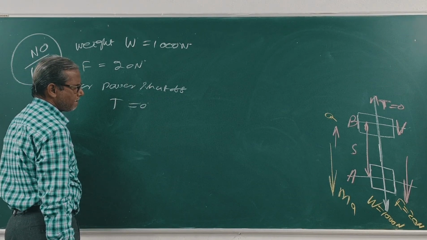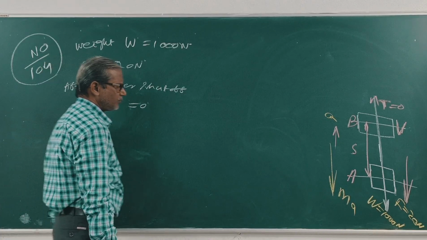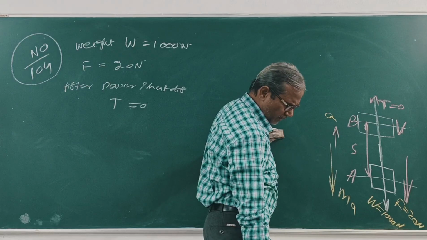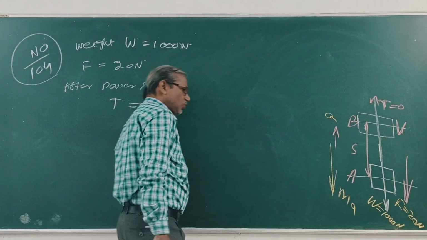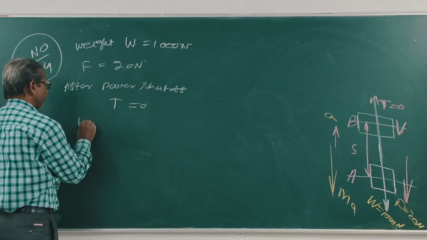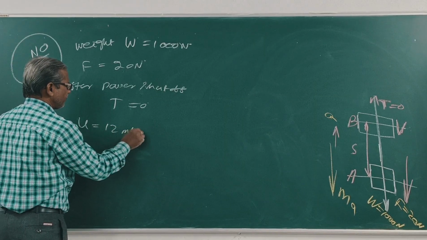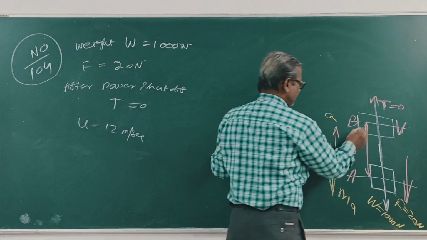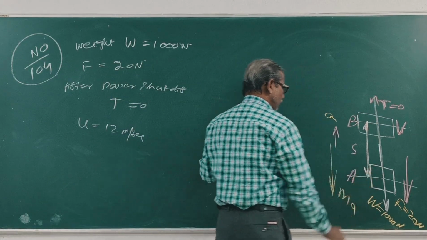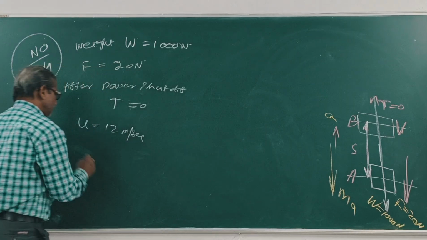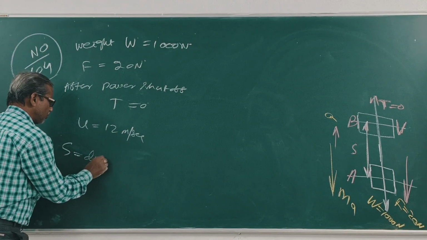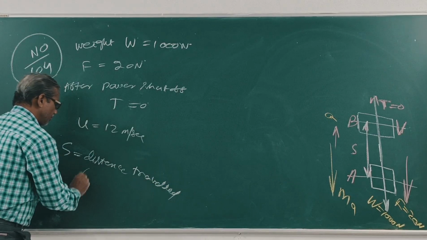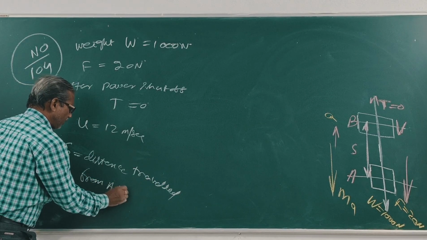And U is equal to 12 meter per second, the initial velocity. S is the distance traveled from A to B.